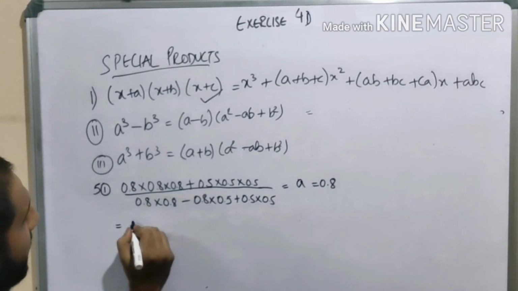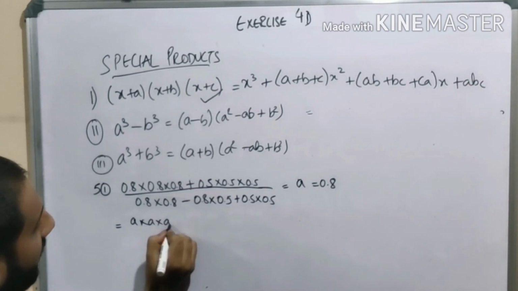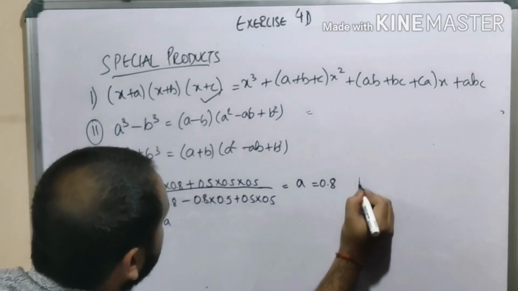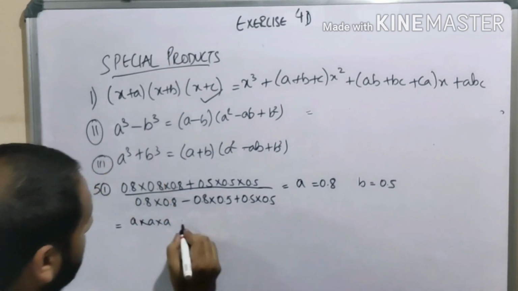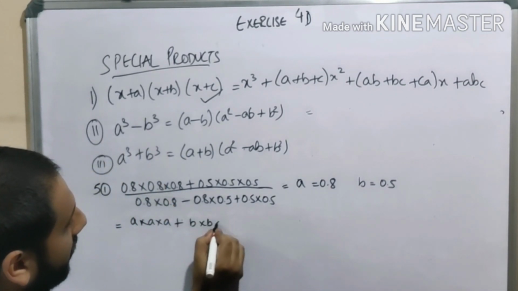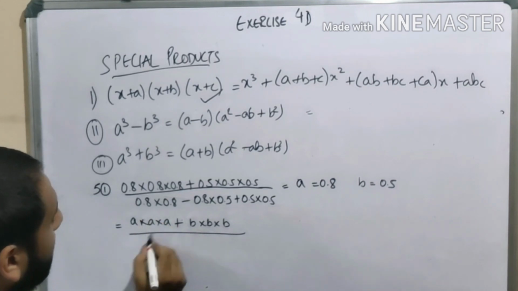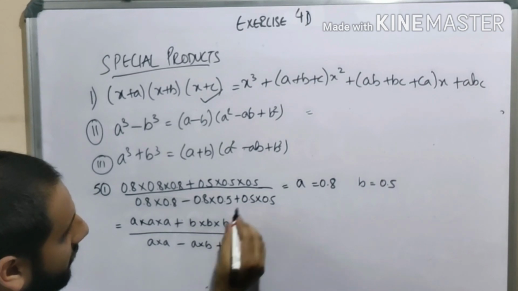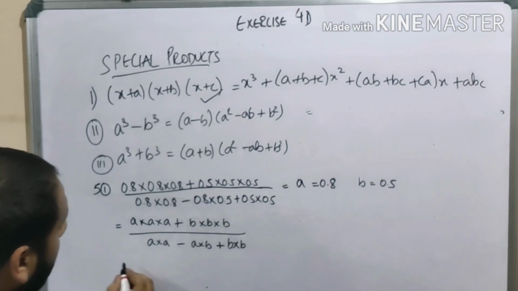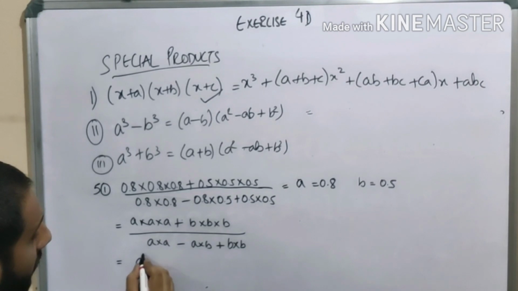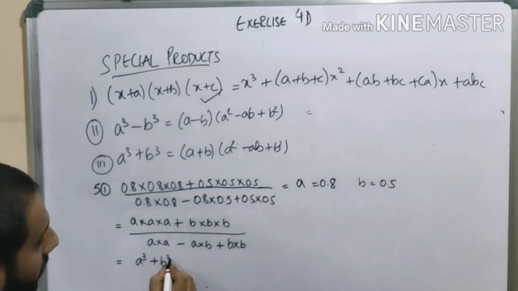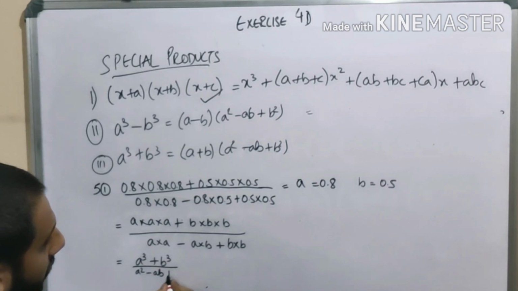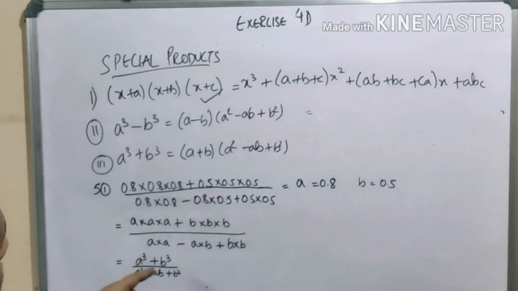This becomes a into a into a plus b into b into b divided by a into a minus a into b plus b into b. If I simplify this, this becomes a cubed plus b cubed divided by a square minus ab plus b square. So I'll now put the formula of a cube plus b cube.